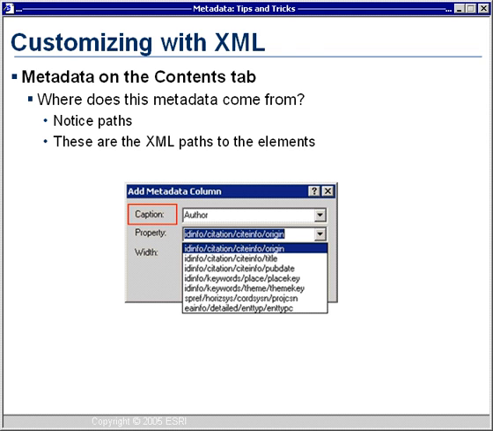You can add author, for example, by selecting its caption, and then in the property drop-down list you see XML paths to the elements. This first entry displays the XML path to the author element, and you see other XML paths to other columns such as title or the place and theme keywords.